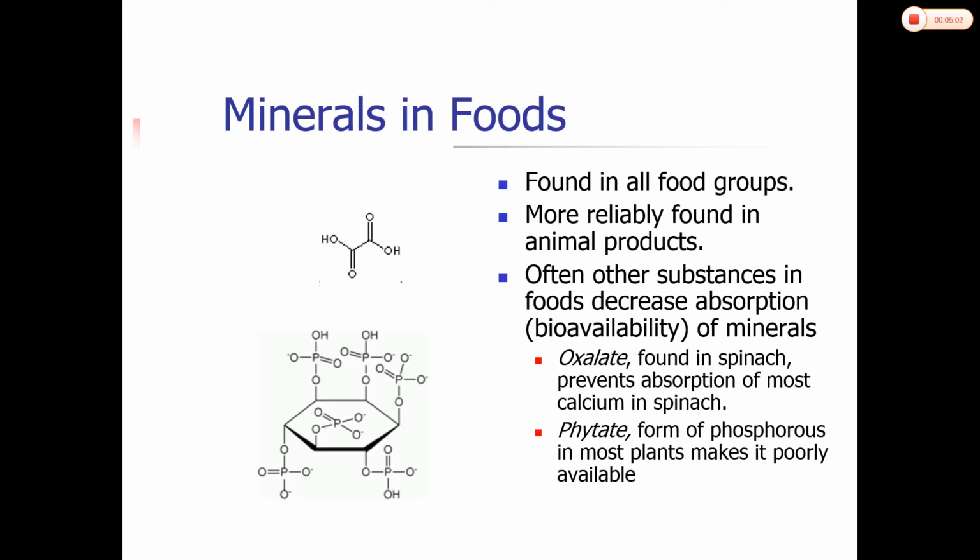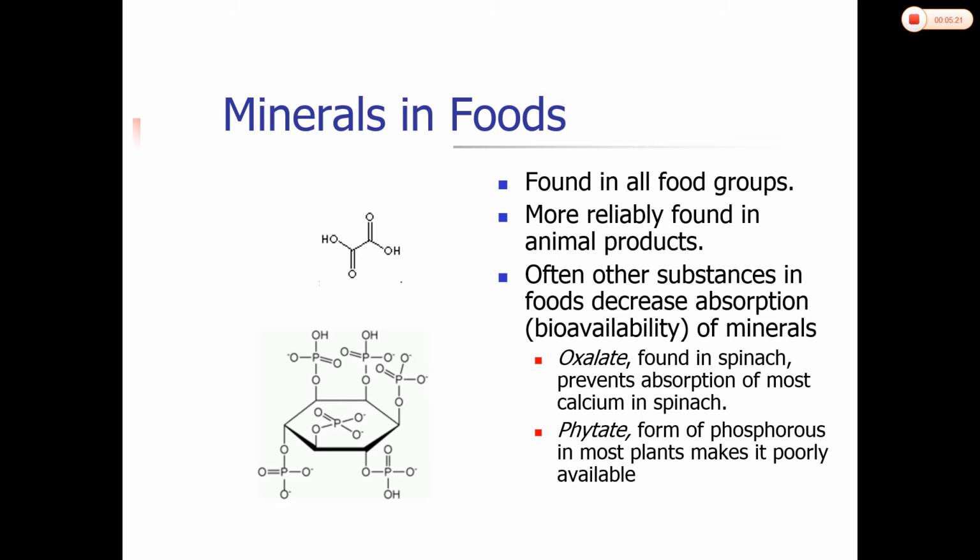These are reliably found in both animal sources of food and plant sources of food. But often there are other substances present in the food which may decrease their bioavailability.